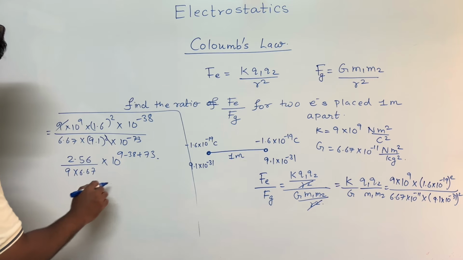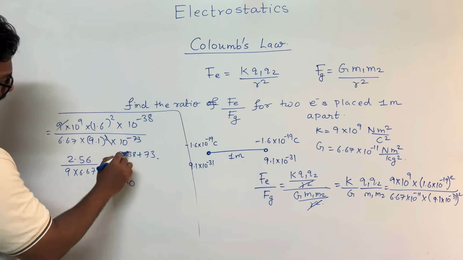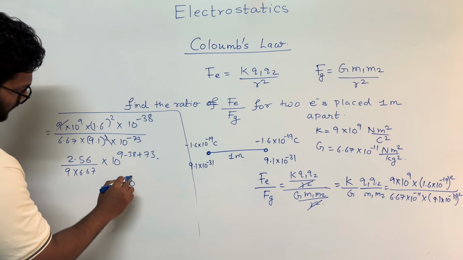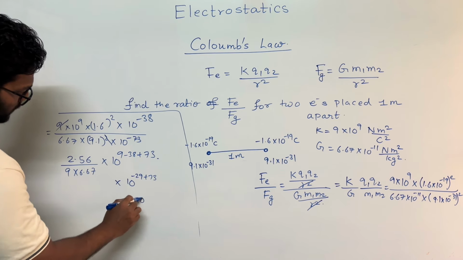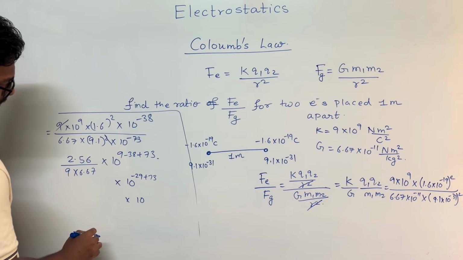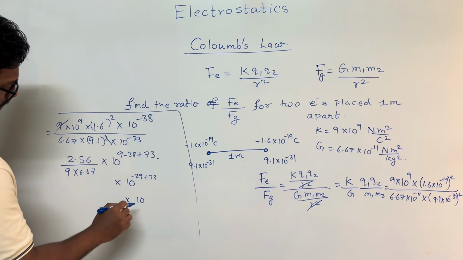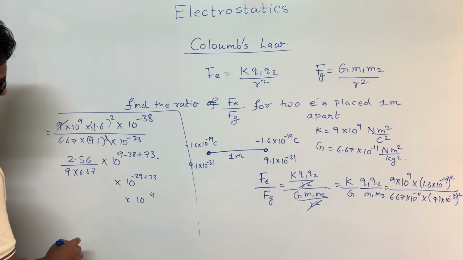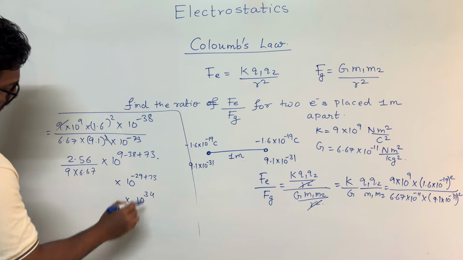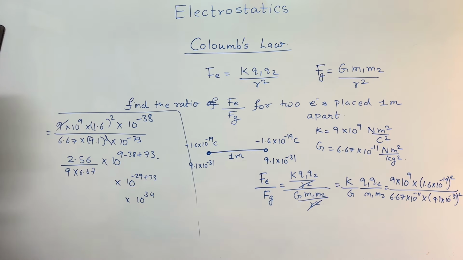Okay, let's do this first. This is minus 29 plus 73. This will be 34, right? 10 to the power 34. No, 44.